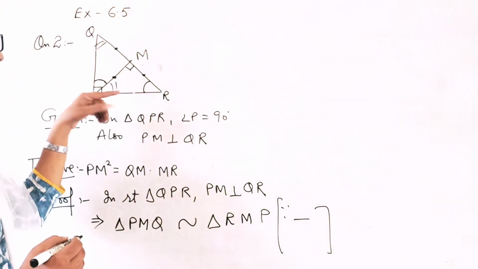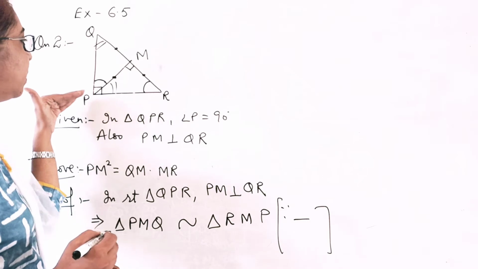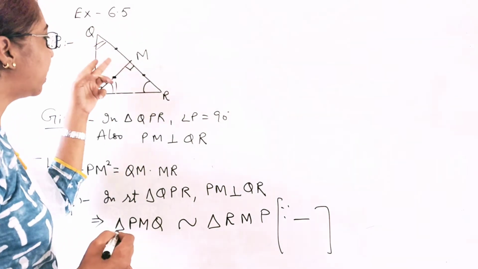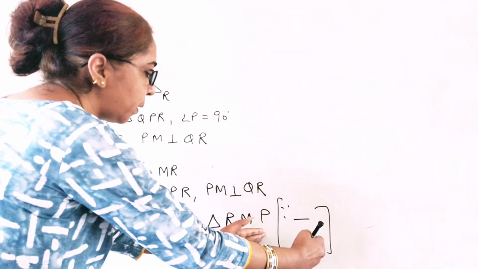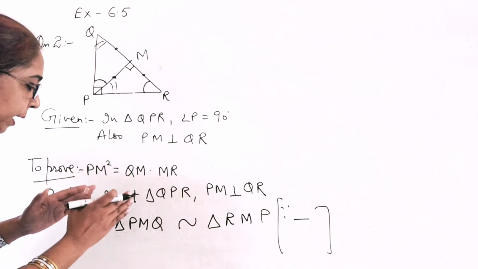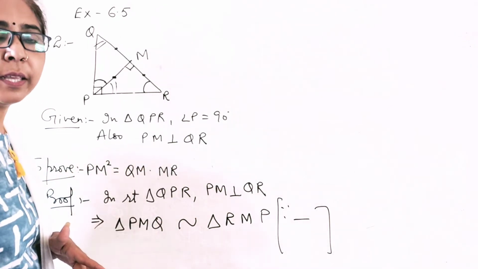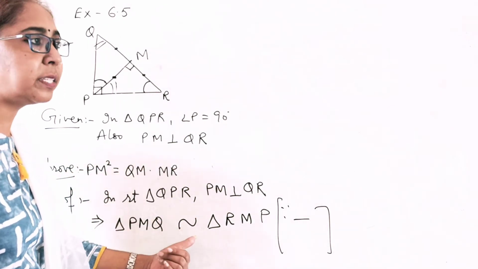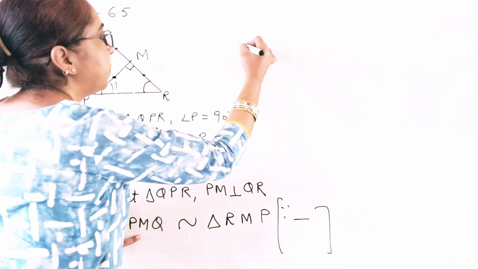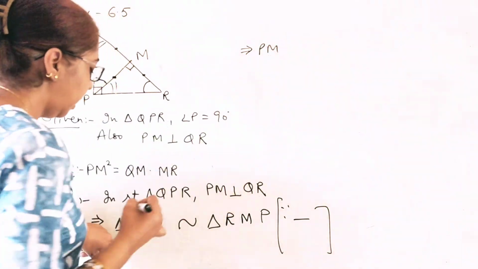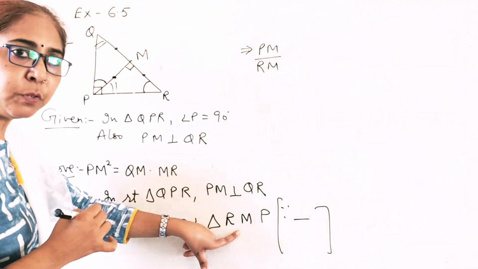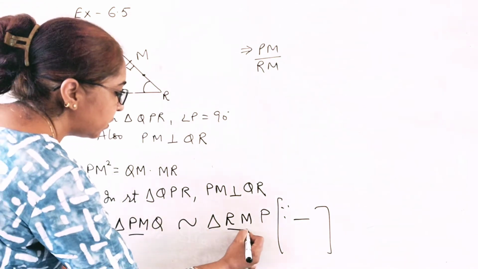So, this is the name accordingly, and you have to write here the whole theorem. What? In a right angle triangle, if from the right vertex a line is perpendicular to the hypotenuse, then these two triangles are similar. You just have to write 2-3 lines here. Now, if these two triangles are similar, all the ratios will be equal. Of course, we can have the result that PM upon RM, you know how we have to take the ratios? First two.